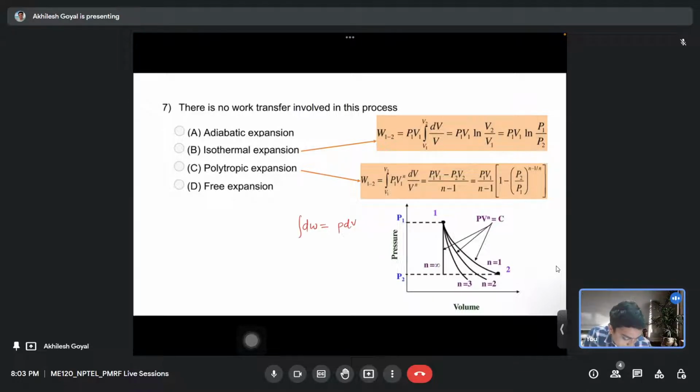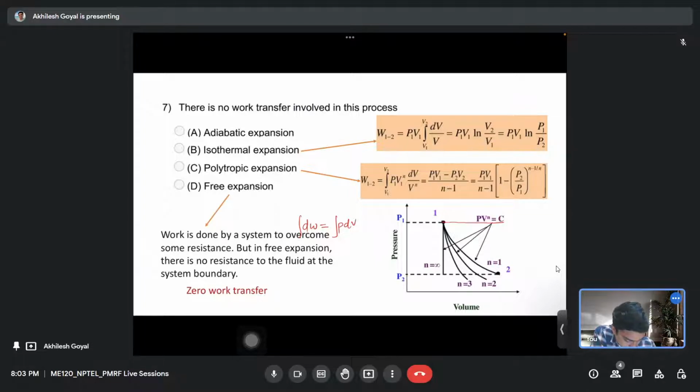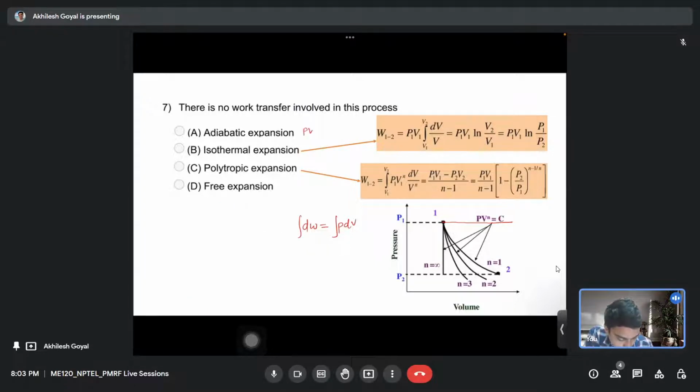So the work done is defined as PdV, and here in the graph you can see multiple processes. First consider the adiabatic expansion. Adiabatic expansion follows PV to the power gamma is equal to constant.